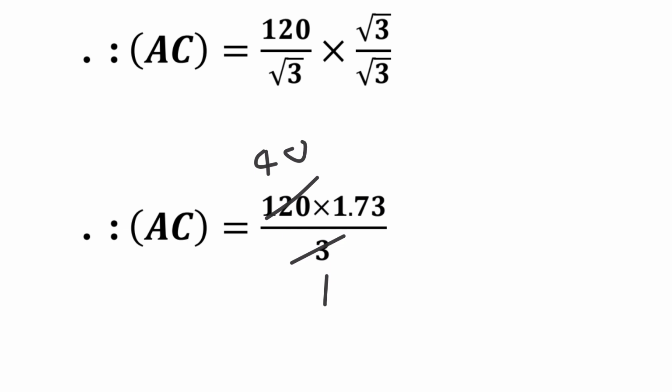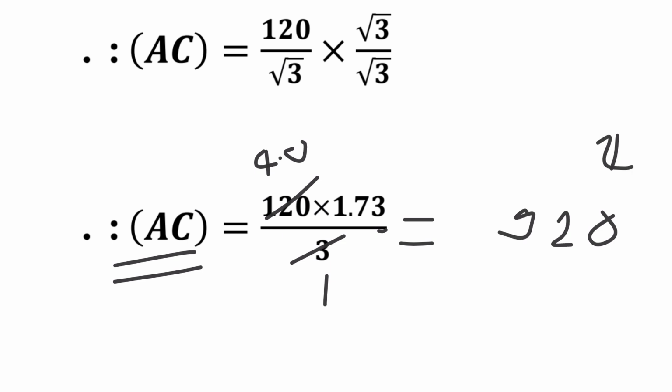Therefore, AC is equal to 40 into 1.73. 0, 4 threes are 12, carry 1, 4 sevens are 28, 29, carry 2, 4 ones are 4 and 2, 6.